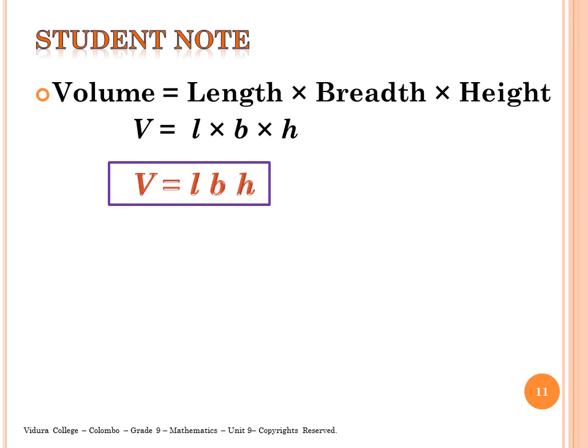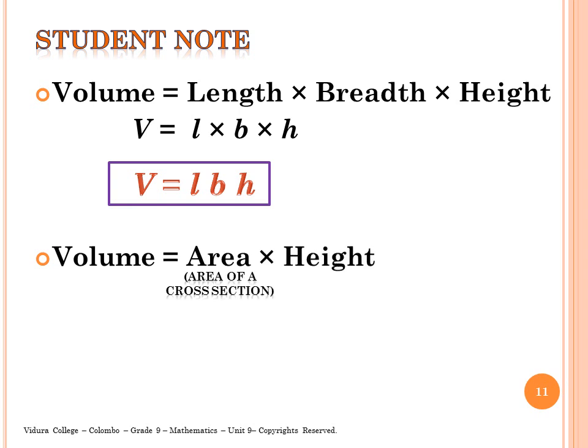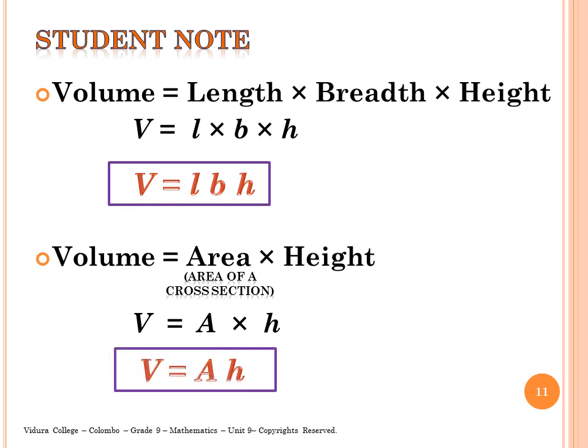Highlight or square it in the way that you can remember it very well. Next, write down the second formula. Volume equals area of a cross section into height. V equals A into H. V equals AH. Here also highlight or square it.